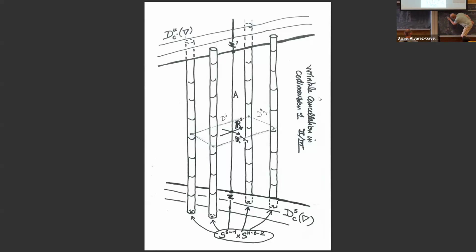Now I have this gradient line. I consider the portion of the gradient line from the boundary of the upper disk, D prime, to the boundary of the lower disk, D. And I zoom on this situation.